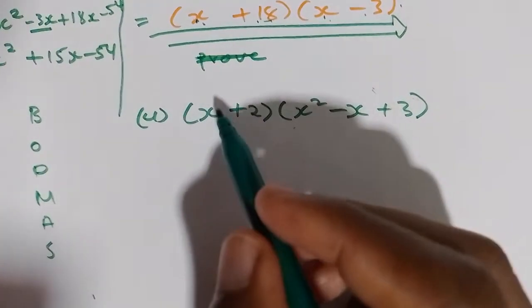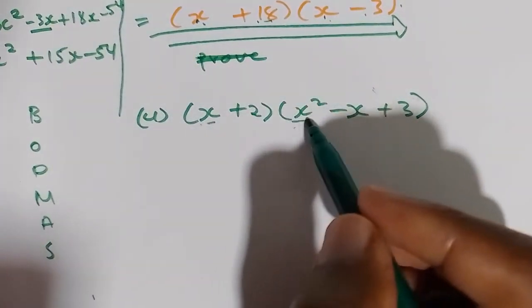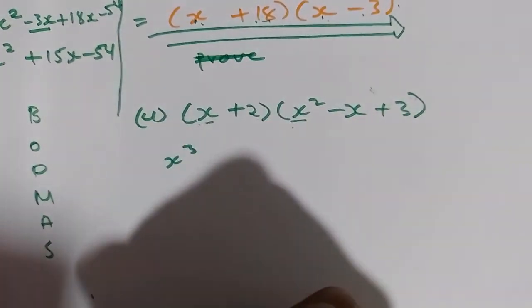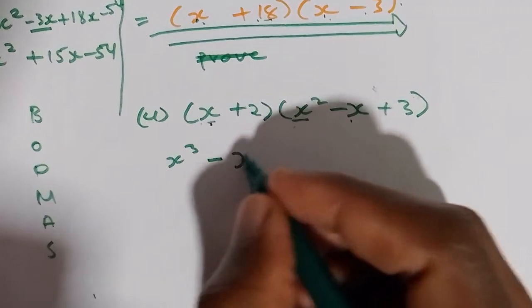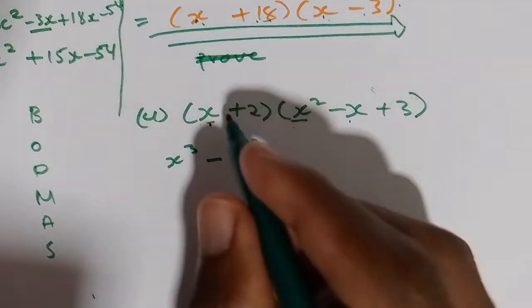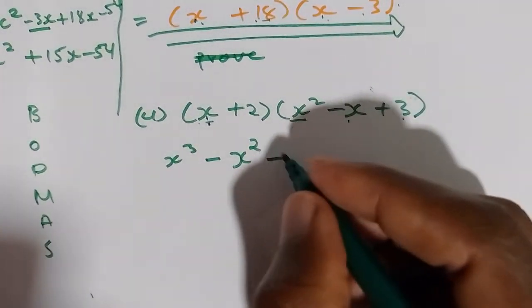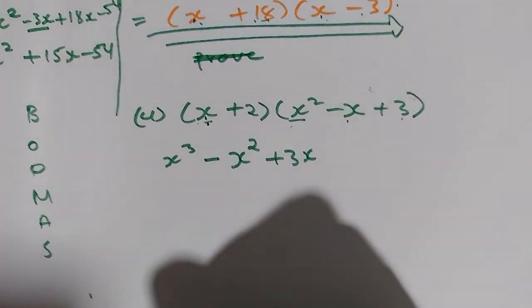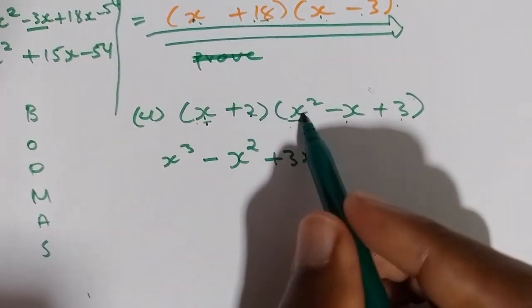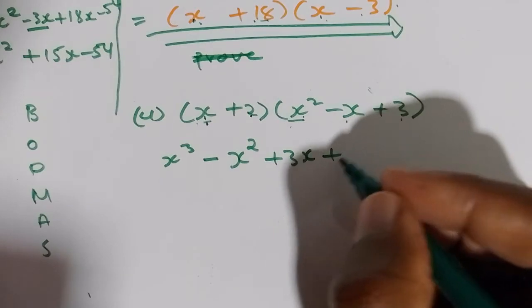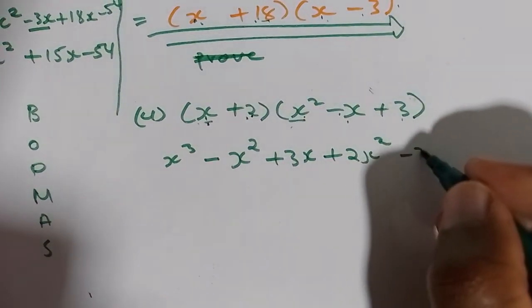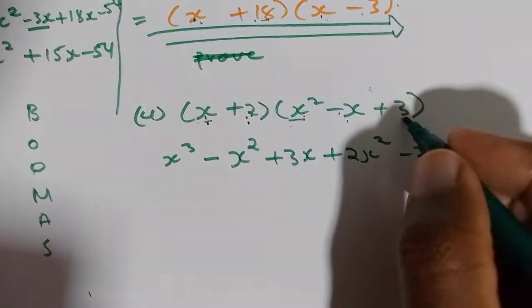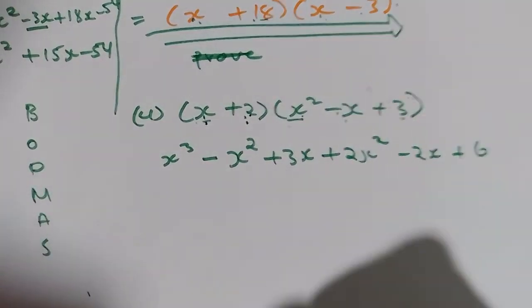I'm going to say here, this and this is going to give me x to the power 3, right? This and this is going to give me minus x squared, right? This and this is going to give me plus 3x, right? And then this and this is going to give me plus 2x squared. Then this and this is going to give me minus 2x. This and this is going to give me plus 6, right?